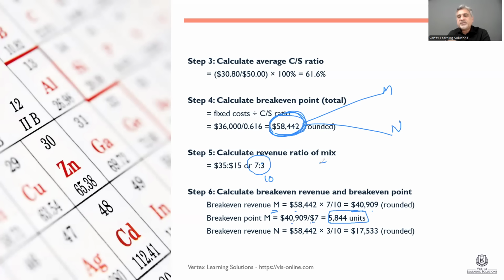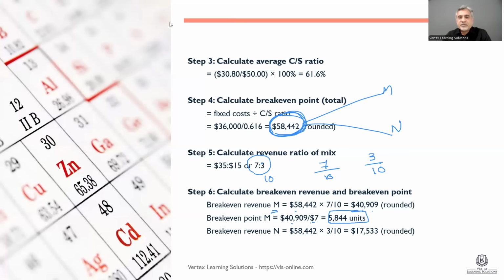Out of 10 portions, 7 portions belong to M, and 3 portions belong to N. So this is the concept from the total. So you make a total of 7 plus 3. Whenever you have a ratio of 8:5, you will say, okay, the total is 13. So this product is taking 8/13, and this one is taking 5/13. So you always need to make a total, okay? Basic maths.